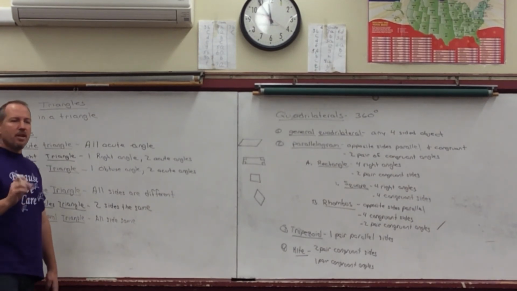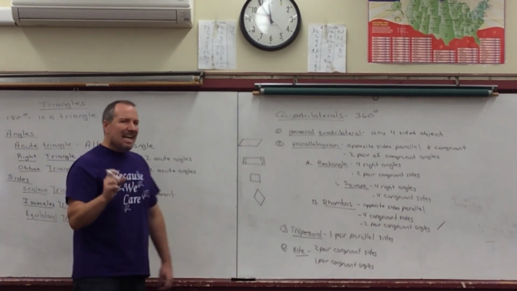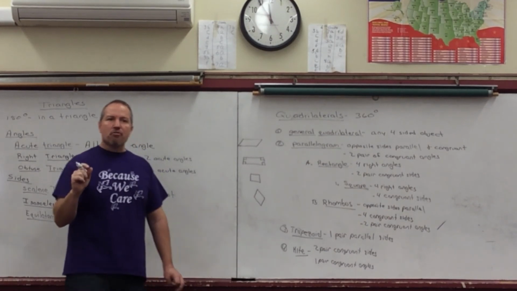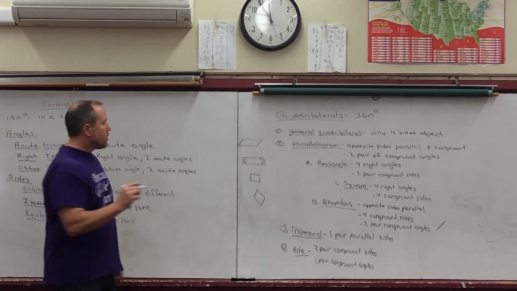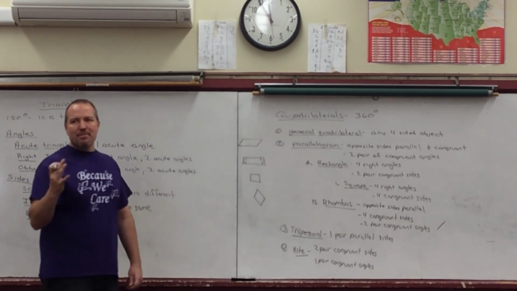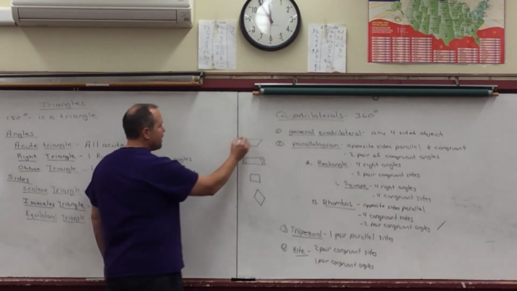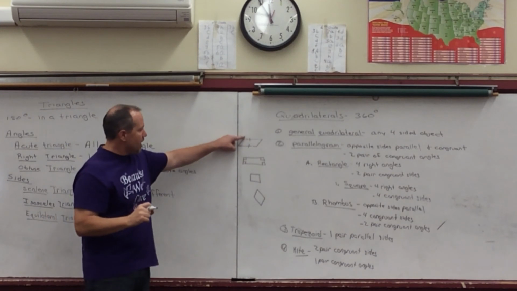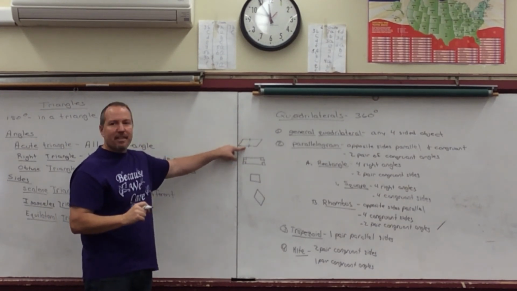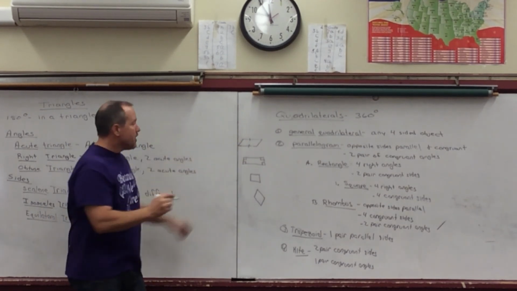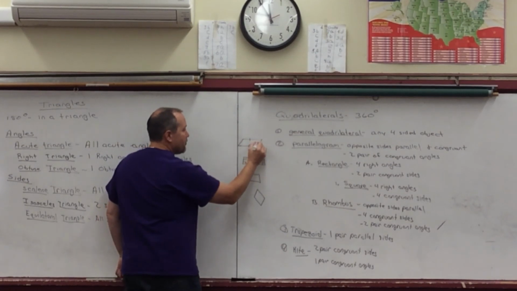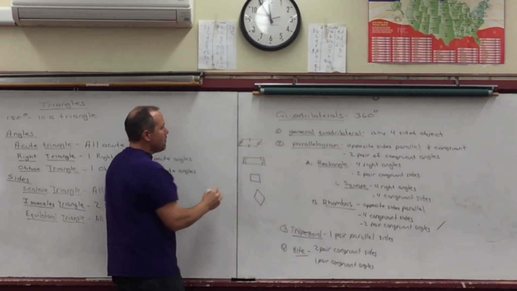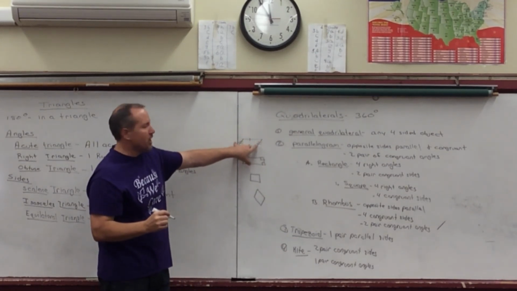Now, something for you to be aware of. If sides are congruent, you're going to see little ticks, as I call them. If you see a little tick through this line and this line, that means they are congruent. If you see two ticks, that means the lines that had the two ticks on them are congruent.